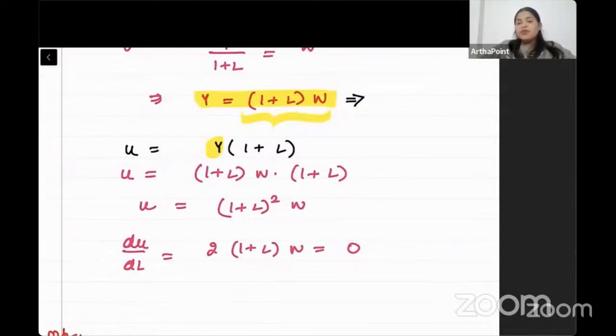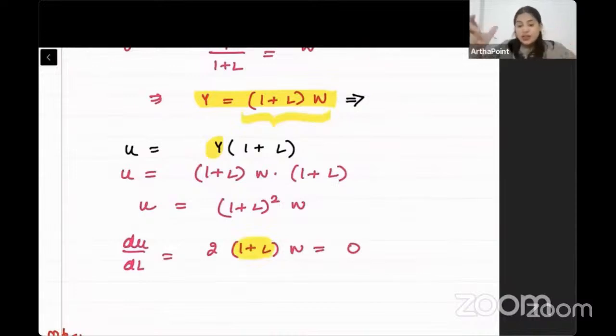Now, if you notice, when you equate this to 0 and find the value, you will find that L is coming as -1.